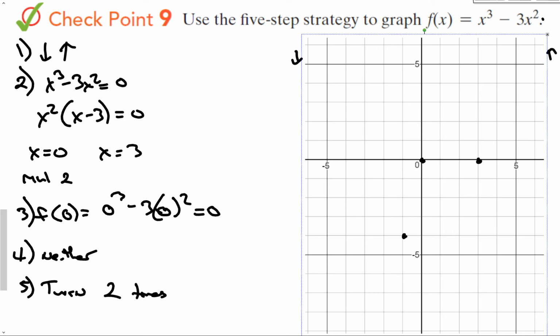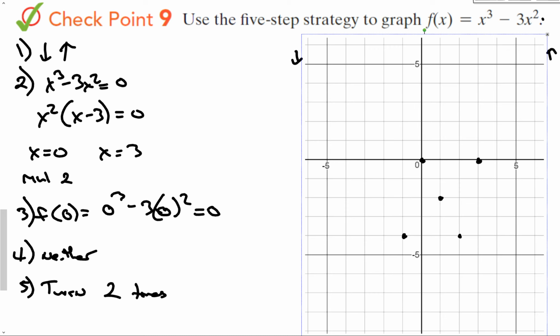So we have this point right here. We have f of +1 is going to be -2, so we have this point right here. And f of 2 is going to be -4, which is going to be right there. So we have these 3 data points: -4, -2, and -4 as well.